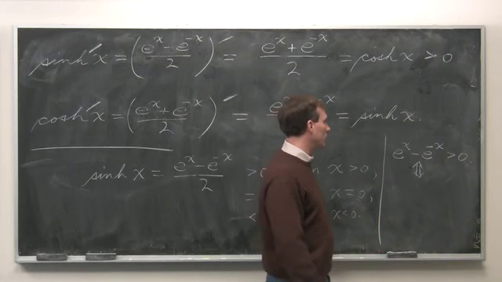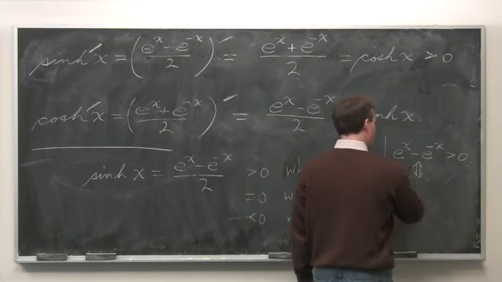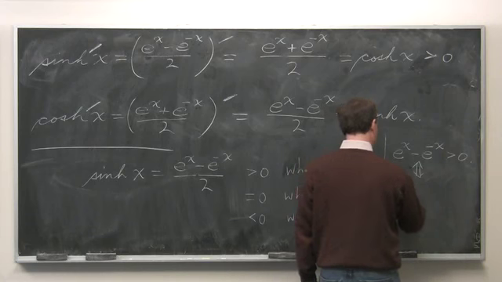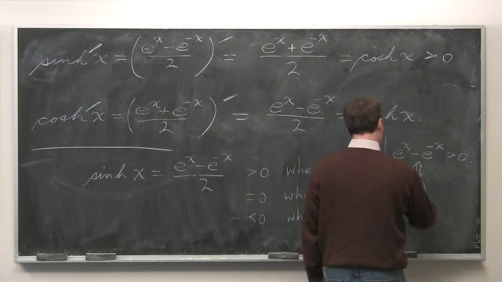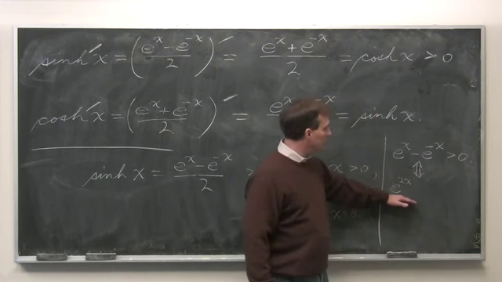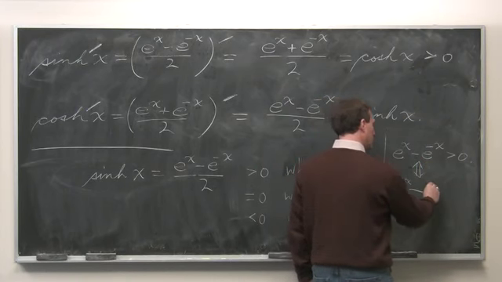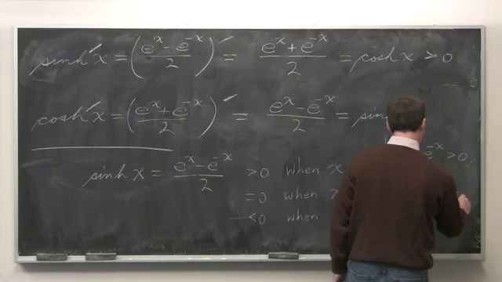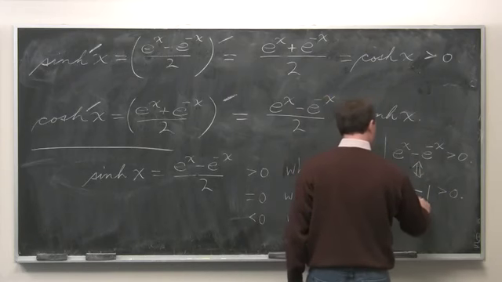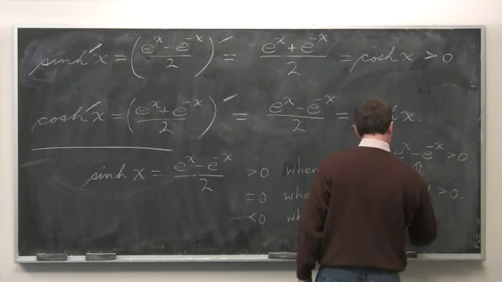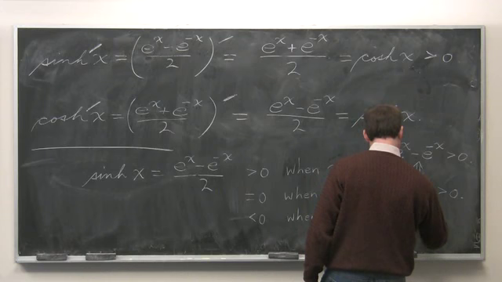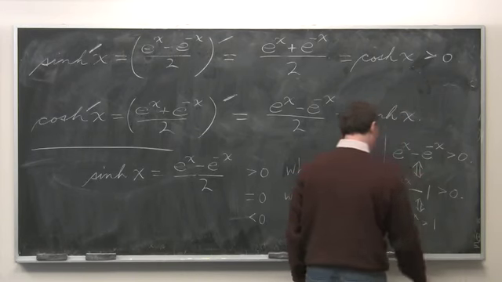But e to the x is always positive. So multiply this inequality by e to the x. You get e to the x times e to the x is e to the 2x, minus e to the x times e to the minus x is 1, is greater than 0. Oh, well that's if and only if e to the 2x is greater than 1.